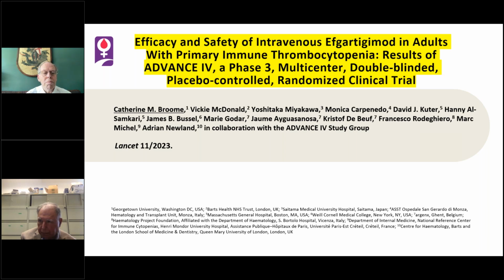Now, going to the best article overall in ITP, we see here that this is the phase 3 study of the use of efgartigimod, the Fc fragment, in ITP. I'm going to show you a lot of slides from this.